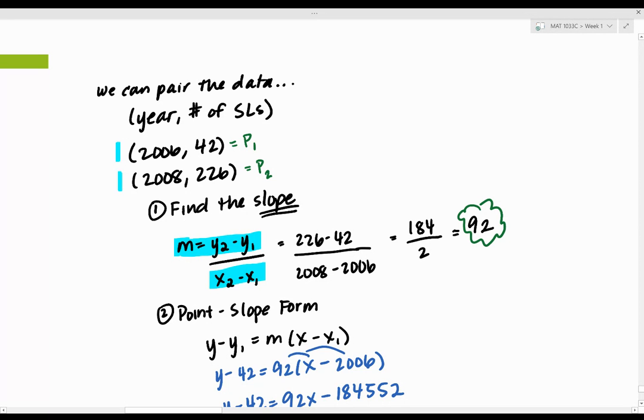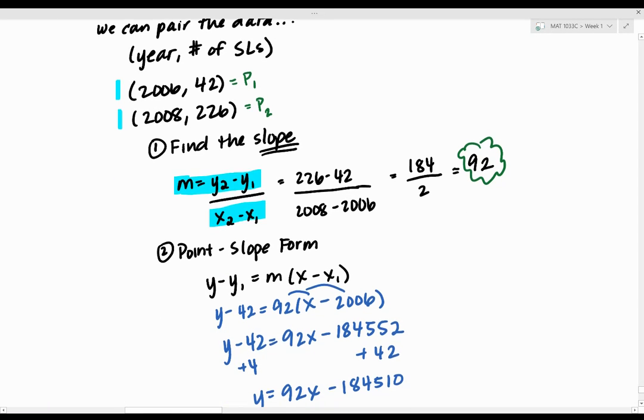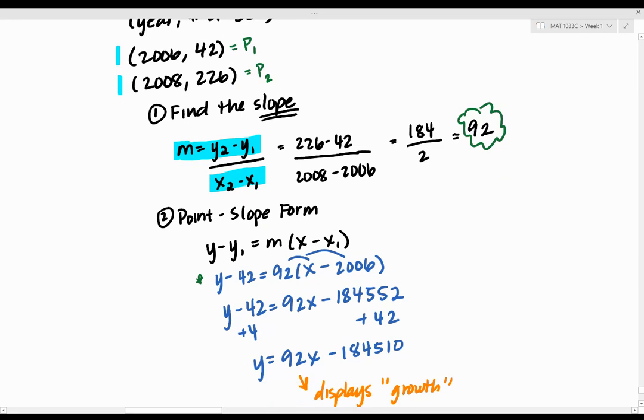Now that I have the slope, I can go ahead and plug that information into point-slope form. Remember, all you need is a slope and a point. So I use the 92 and point 1 and plug that information in here. And then, since I wanted my equation in slope-intercept form, I cleaned the equation up.